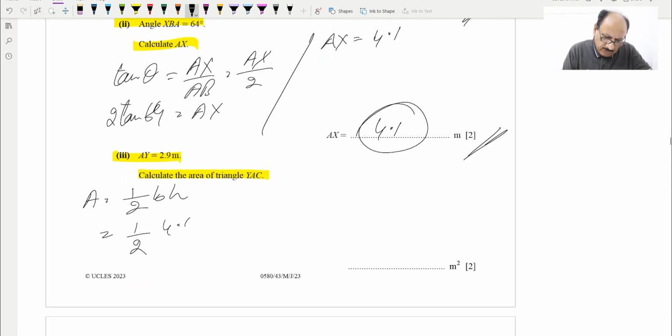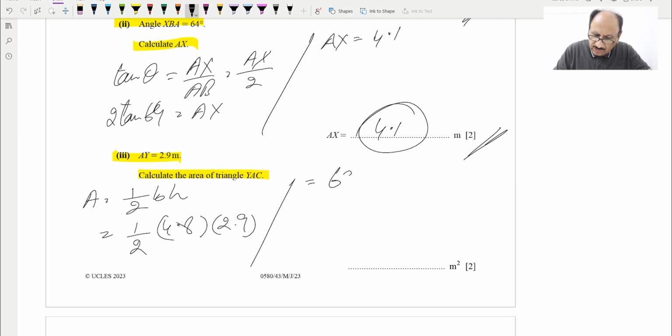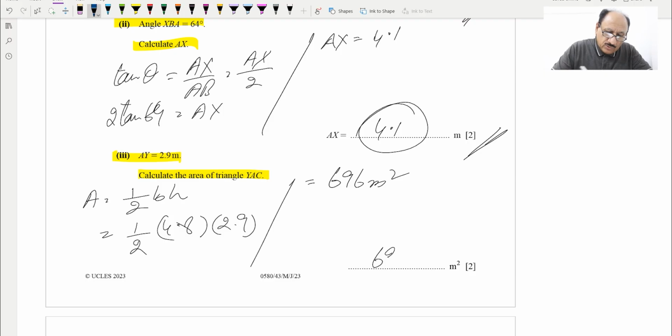So 0.5 into 4.8 into 2.9, and this is equal to 6.96 meters square.